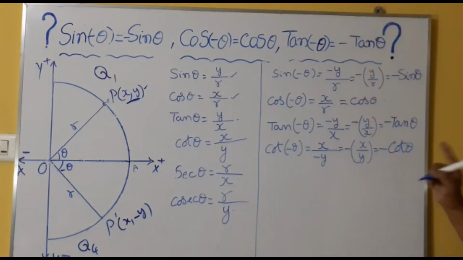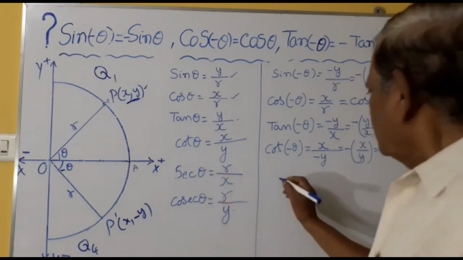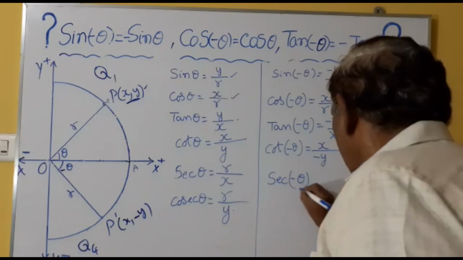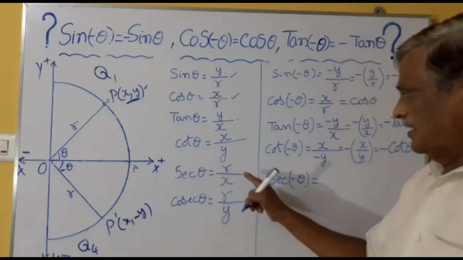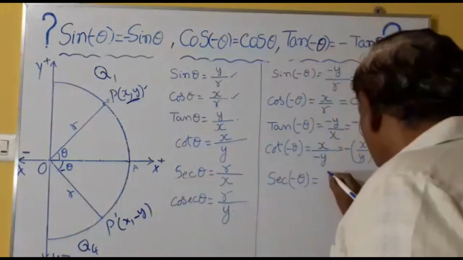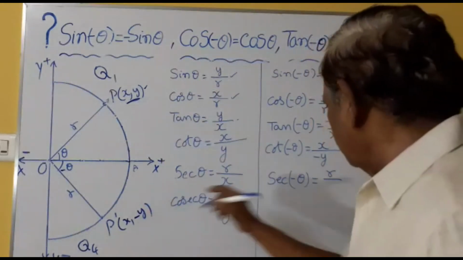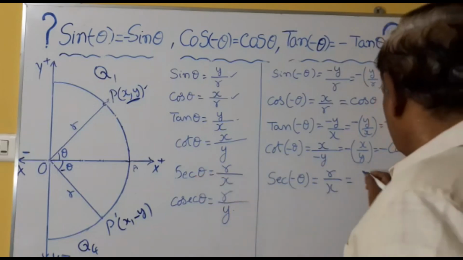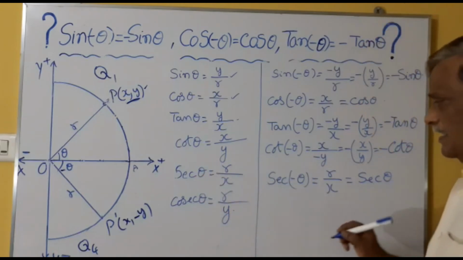Therefore, minus cot theta. Sec minus theta equal to, according to sec definition, radius by x coordinate. Here radius is r, x coordinate is x, r by x. This is sec theta. Therefore, this equal to sec theta.